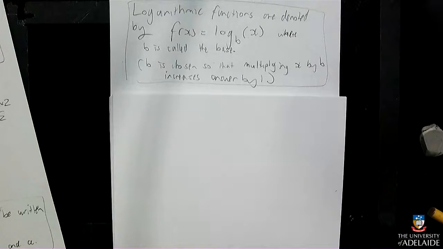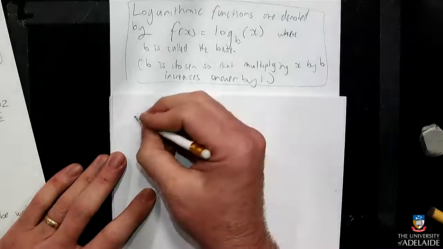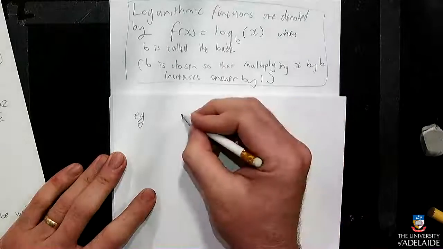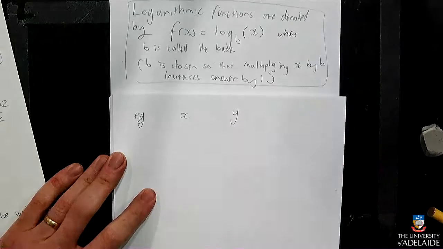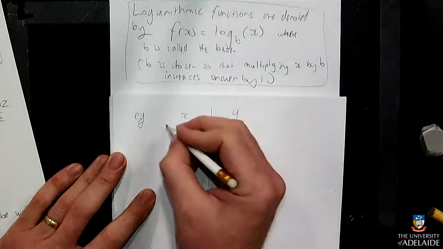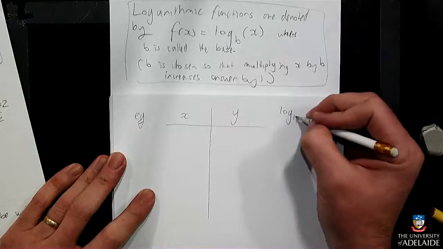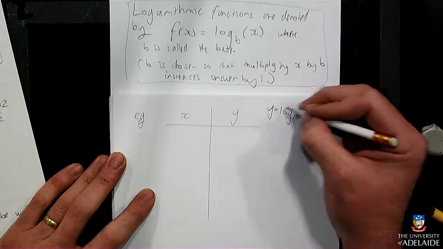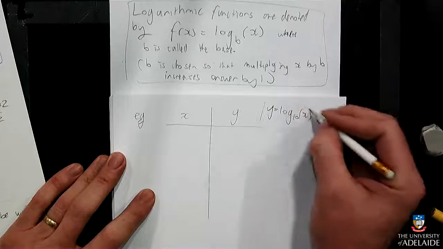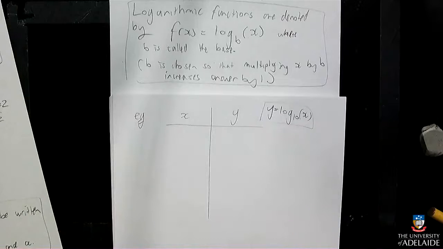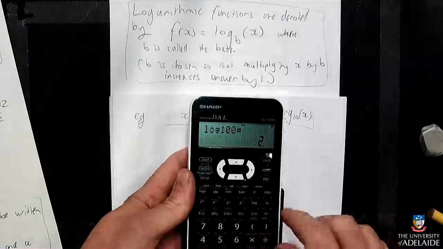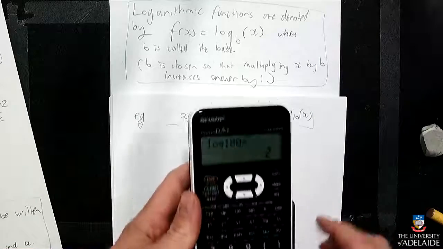So let me just look at some stuff that's going on here. I'm going to do log base 10. And I'm just going to show you that it really does work with my calculator. In my calculator, log here is log base 10.